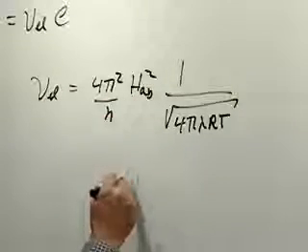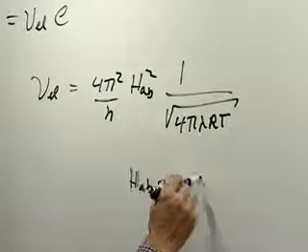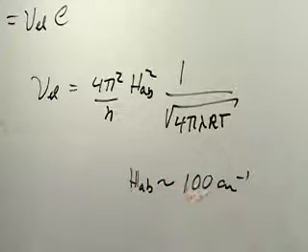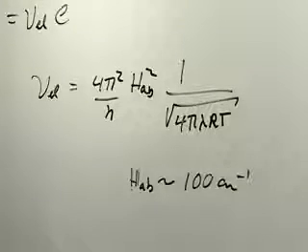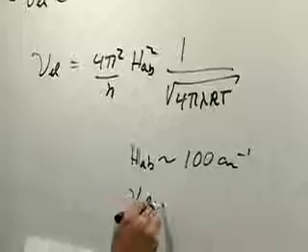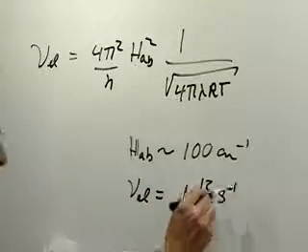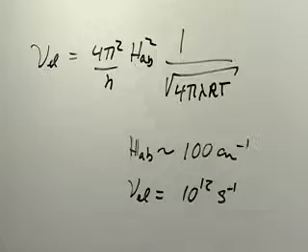So if HAB is of the order of 100 centimeters to the minus 1, I calculated it, you get a frequency nu EL of about 10 to the 12th seconds to the minus 1. Okay? And if HAB goes down much lower, you get a much lower frequency.